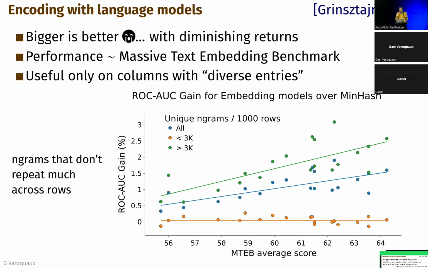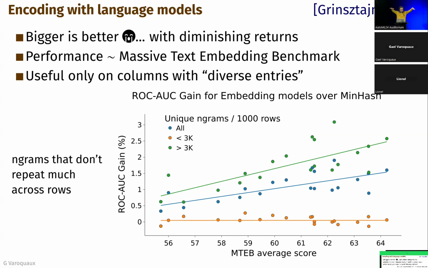What I call a diverse entry is a column for which the number of unique n-grams per 1,000 rows grows quickly. What I mean by this is that the entries are very different from one another. It's not related to the length of the entry.